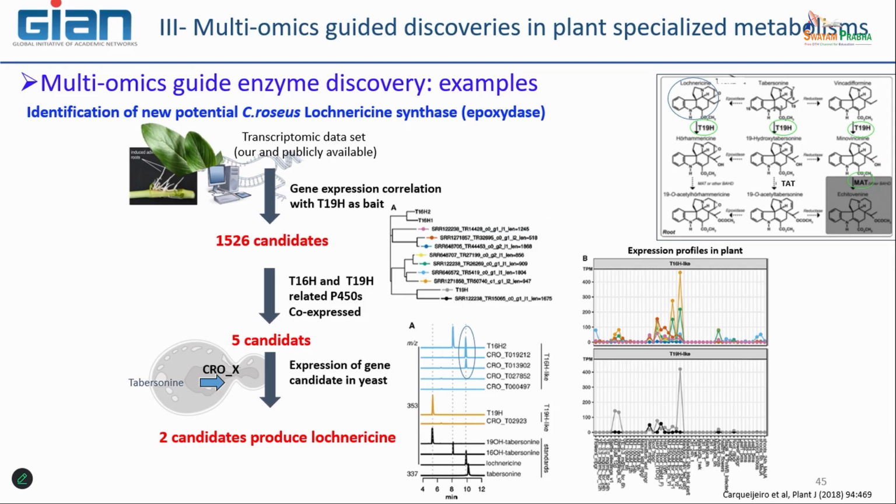When we feed the yeast with tabersonine, we are only able to produce lochnericine in two clones, in 2 candidates.